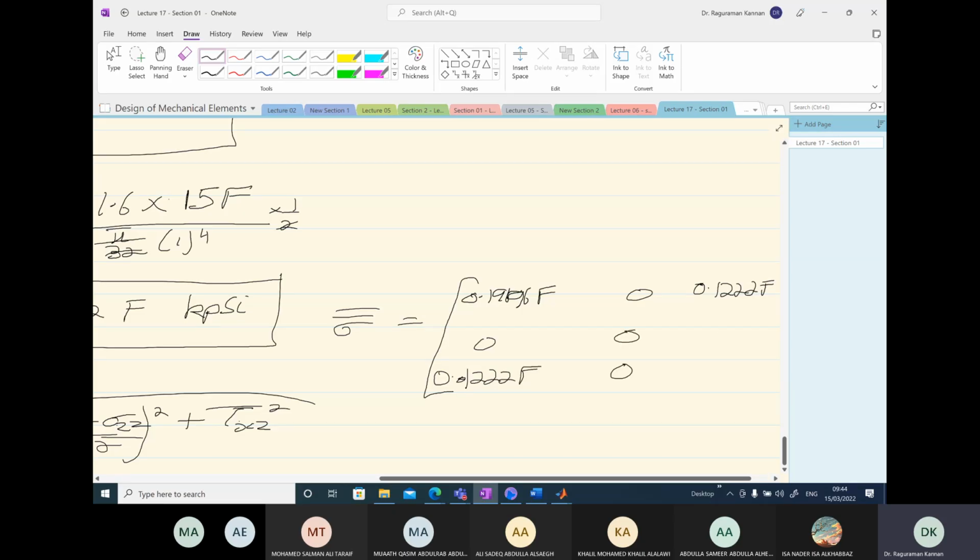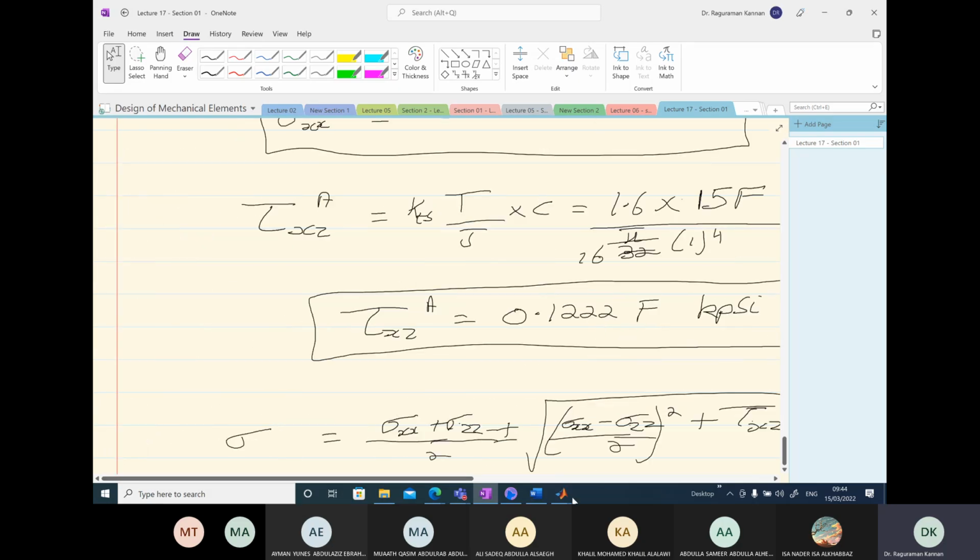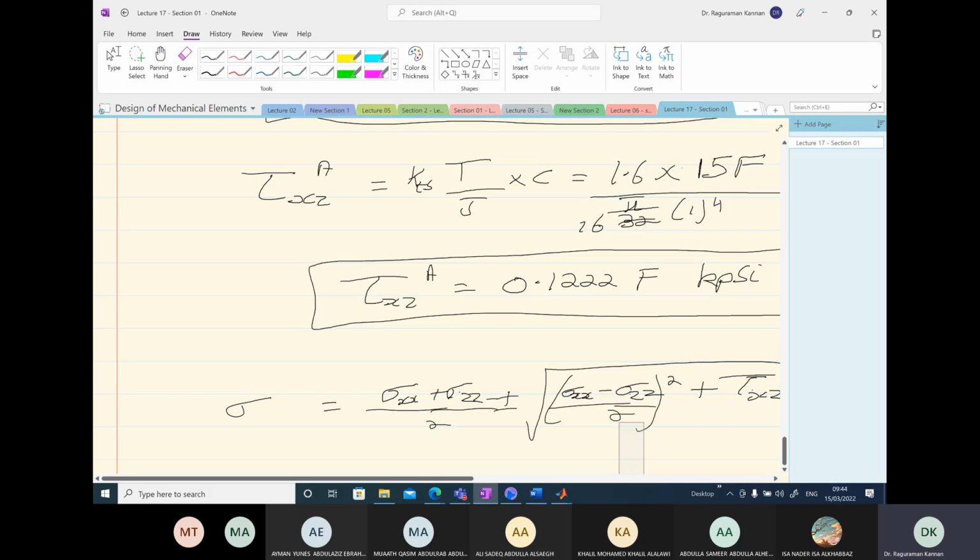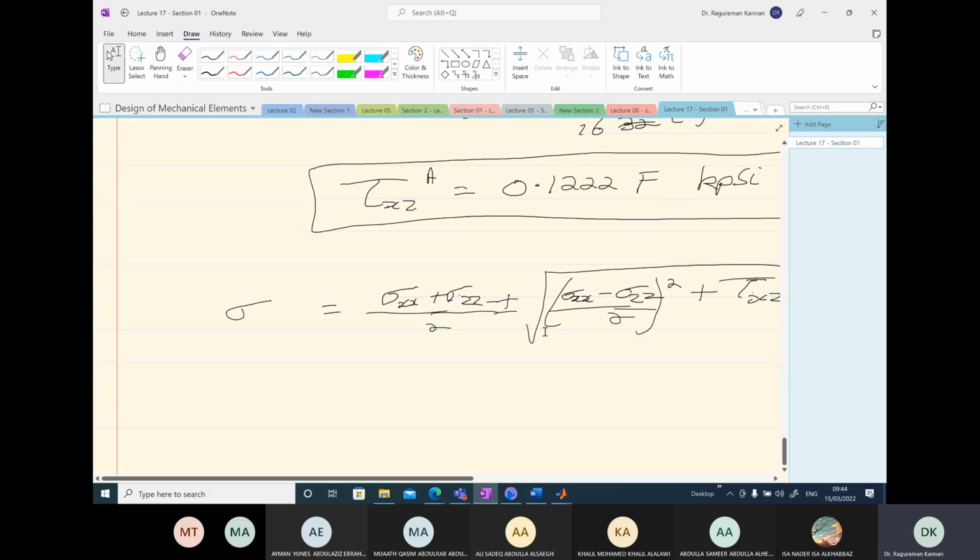The rest of the values are obviously 0. So from here we can realize that one of the principal stresses is 0. We do not know whether it is sigma 1, 2 or 3, because we do not know whether the other two principal stress values are positive or negative. We need to calculate and figure it out.